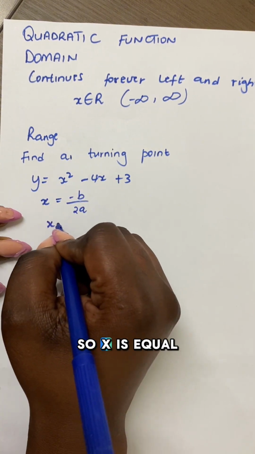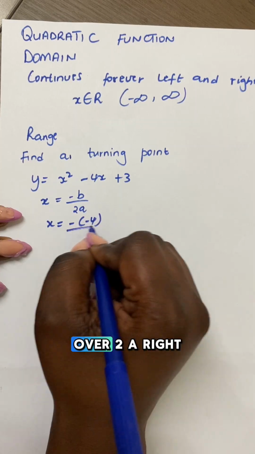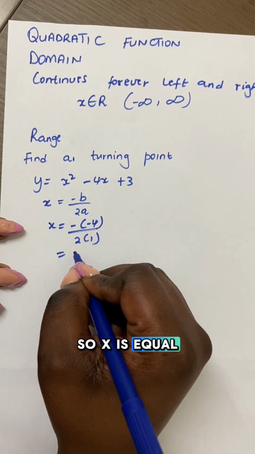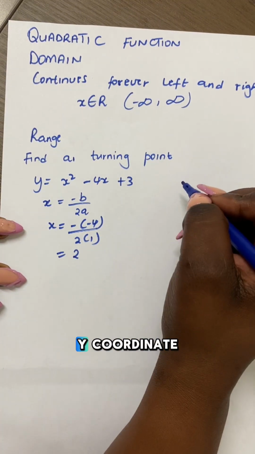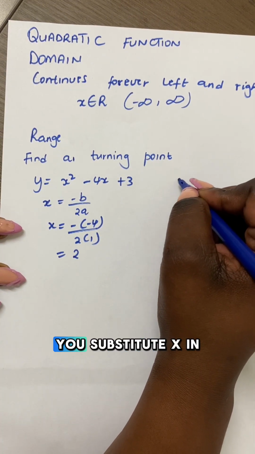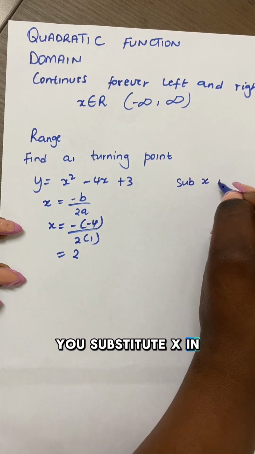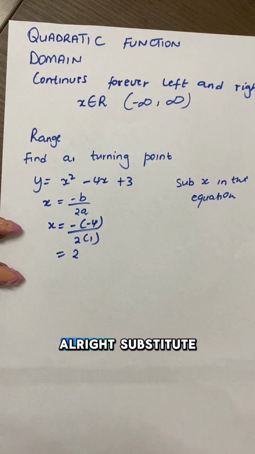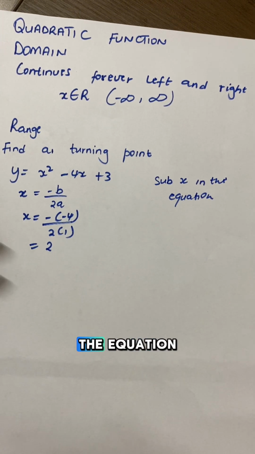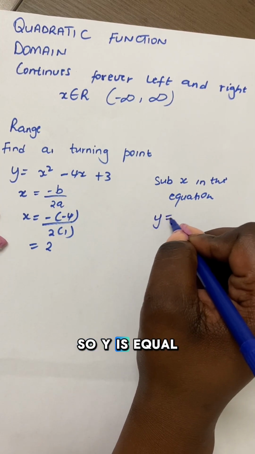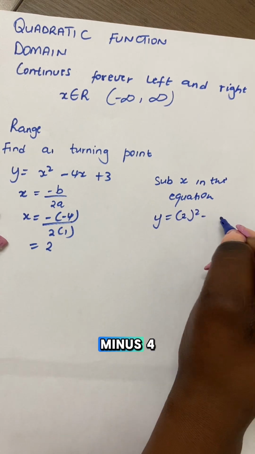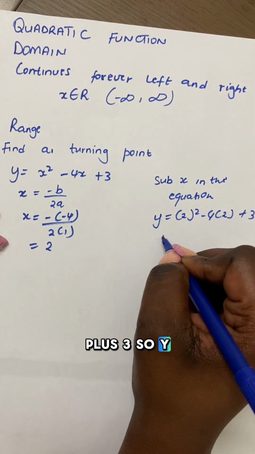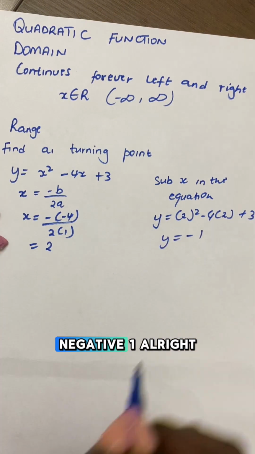So x is equal to negative of negative 4 over 2, so x is equal to 2. For the y coordinate of the turning point, you substitute x in the equation. So y is equal to 2 squared minus 4(2) plus 3, so y is equal to negative 1.